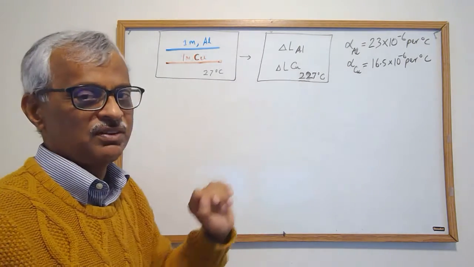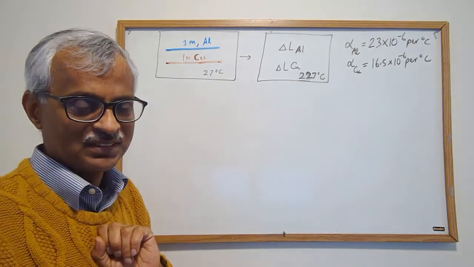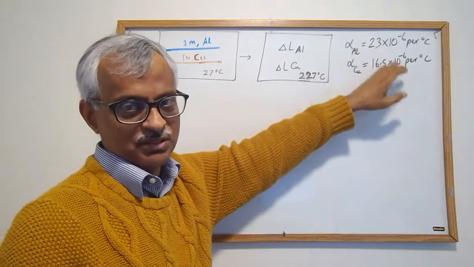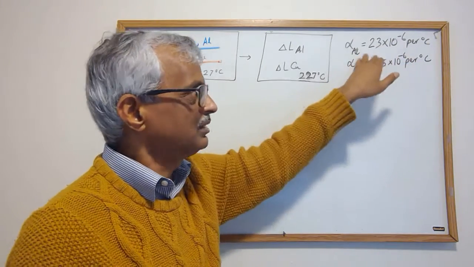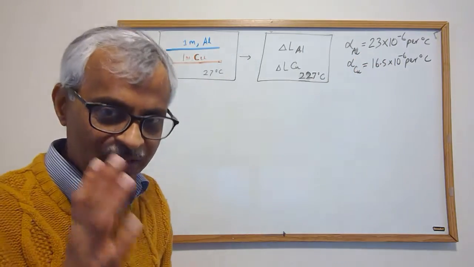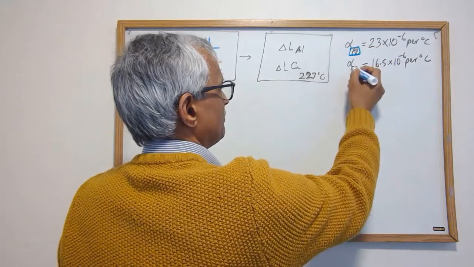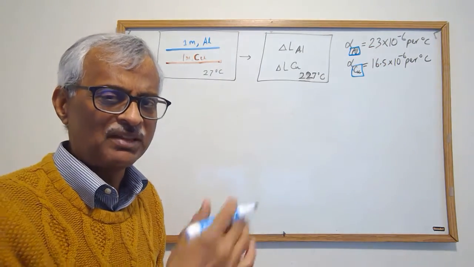I put them in a 227 degrees Celsius oven. This is the coefficient of linear expansion for the 2 materials. So remember, alpha depends on the material. And you want to know what's the expansion of each one of the bars.